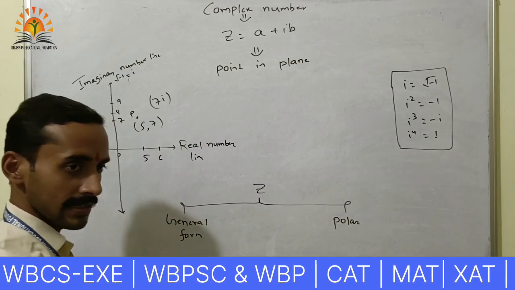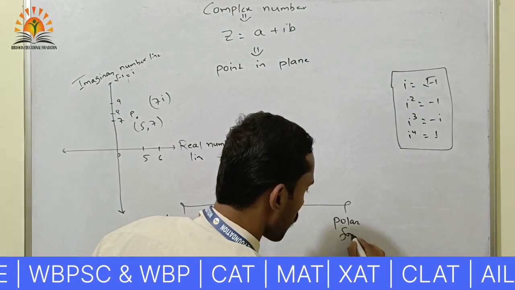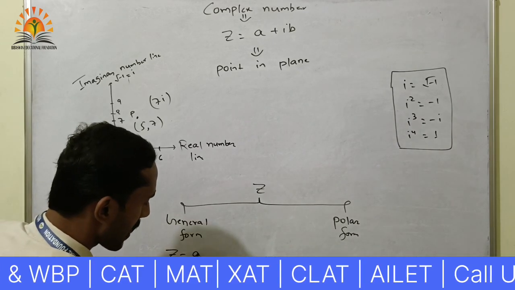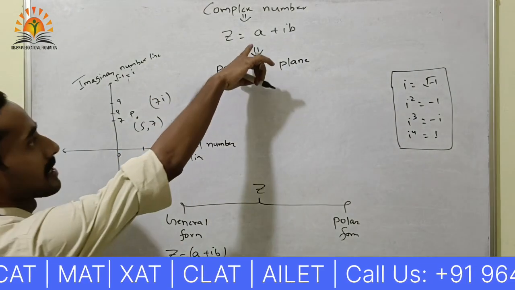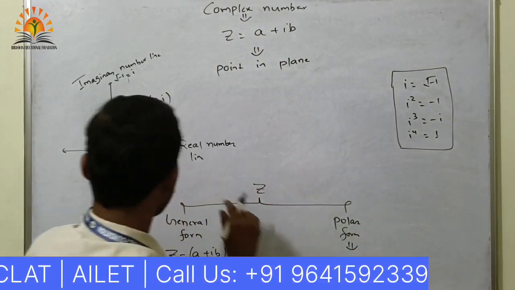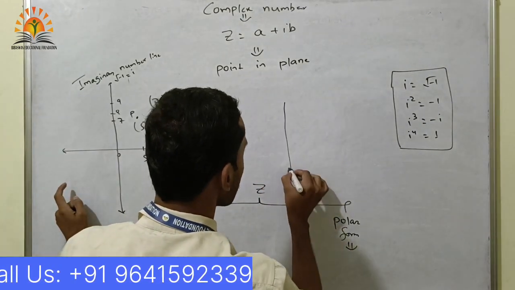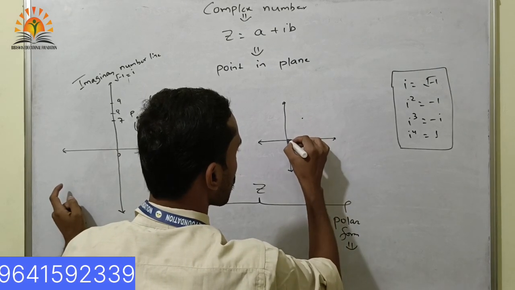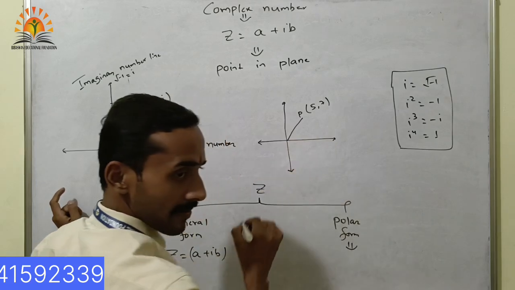There are many names for this: trigonometric form, polar form, but we generally consider it as polar form. In the general form we represent it as A plus iota B, as you did it here. And in polar form, how can you represent it? Let us assume this is a point P, 5 and 7.